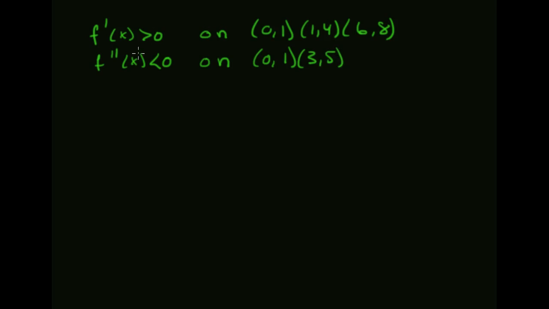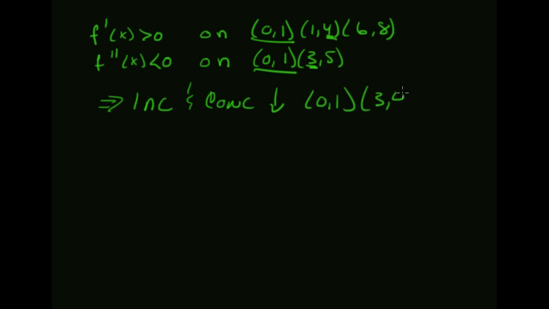So f prime is decreasing on these two intervals, which means that f is concave down, which means I am increasing and concave down. Well, they both include (0, 1). And then from 3 to 4 is the other interval where I'm both increasing and concave down. So that's part C.